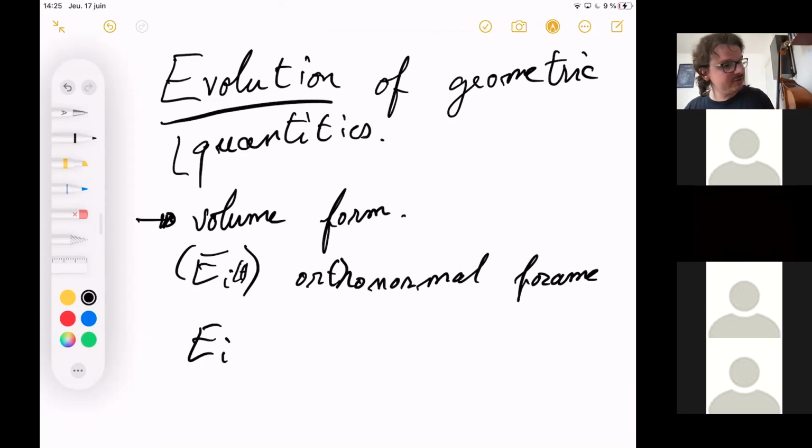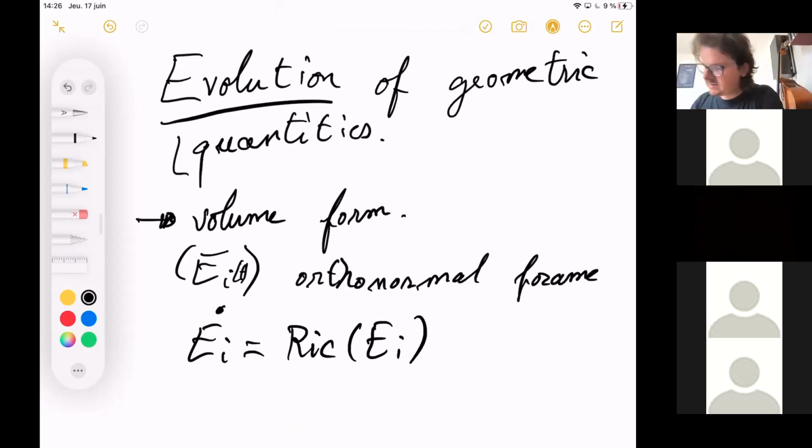This is reminiscent of what I was saying about Ricci soliton. Sometimes things look messy and don't evolve in a simple way, but maybe it's just because you have not looked at the right coordinate system. Here it's a similar idea. So assume that e_i(t), its time derivative is given by just Ricci, seen as an endomorphism of e_i.